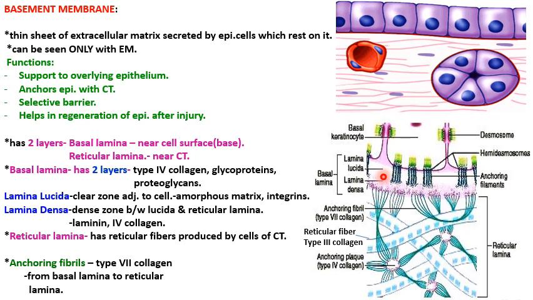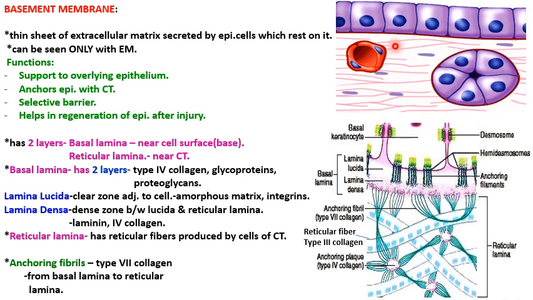When this type 7 collagen is not formed properly, which is a genetic disorder, the cell loses its support from the basement membrane.